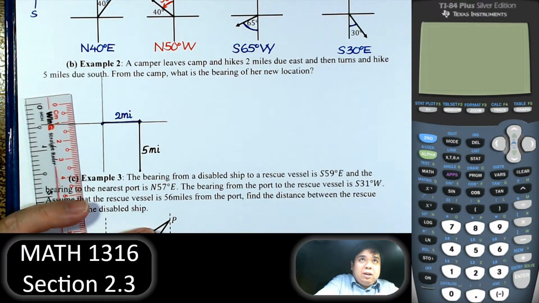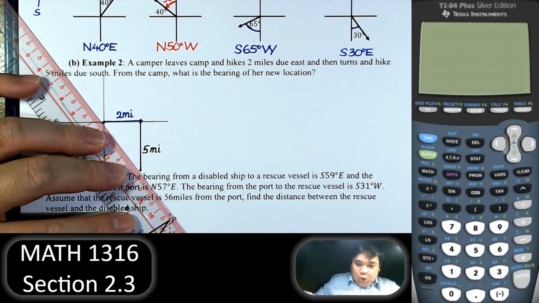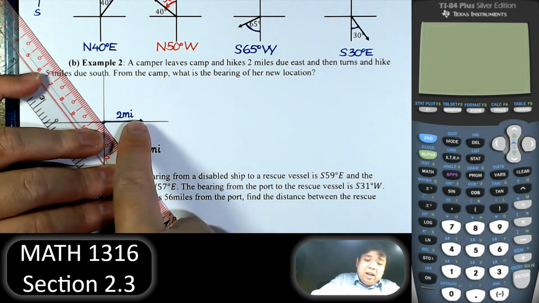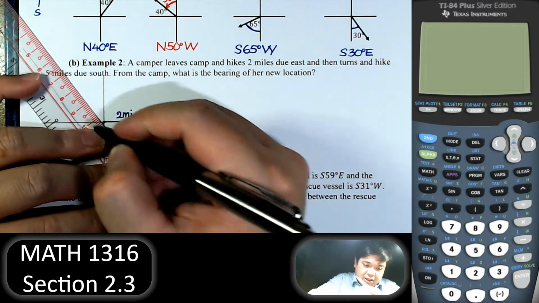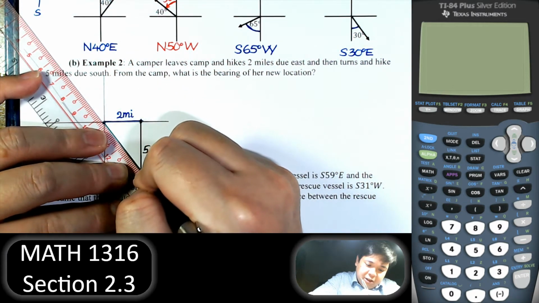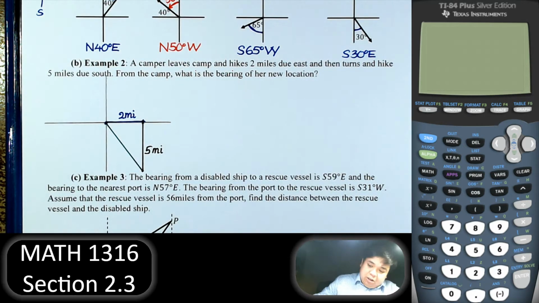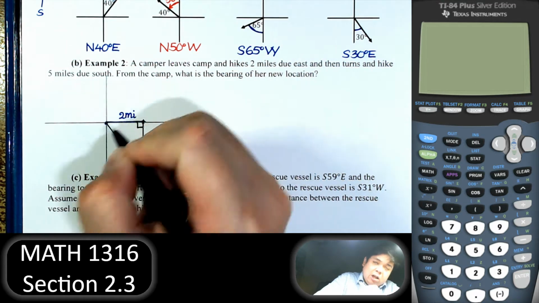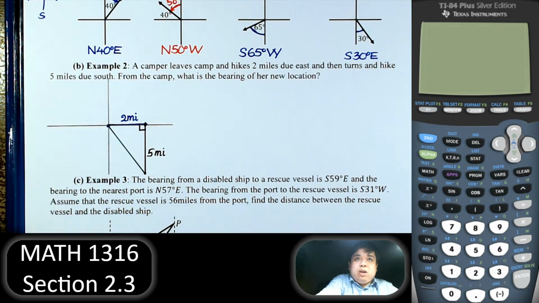What is the bearing of her new location? Because she goes east and then south, we make a right triangle here. Because the right angle is here, we can find this angle or that angle. It doesn't matter. Just pick one.